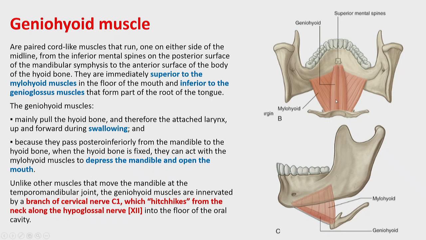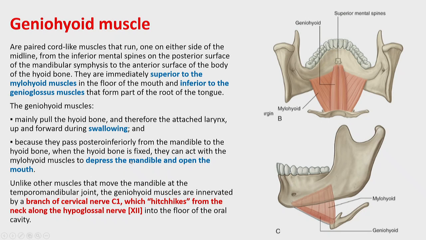And this muscle, as you see, is superior to the mylohyoid muscle in the floor of the mouth, and inferior to the genioglossus muscle, which is coming from the superior mental spine. Yes. So the function is the same. It depends on which bone is fixed. So usually if the mandible is fixed, it is pulling the hyoid bone, which is attached to the larynx, forward during swallowing.